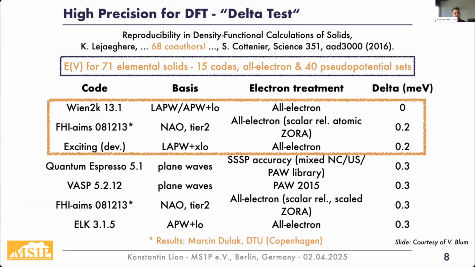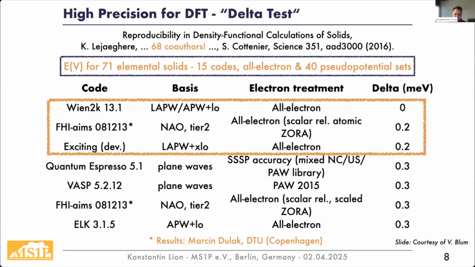And this high precision of FHI-aims for DFT calculations has already been shown in the literature. Some of you might know this is the delta test, which was published in 2016. The main part that was checked was the energy versus volume curves for 71 elemental solids. In total, 15 codes were compared between all-electron and pseudopotential codes.